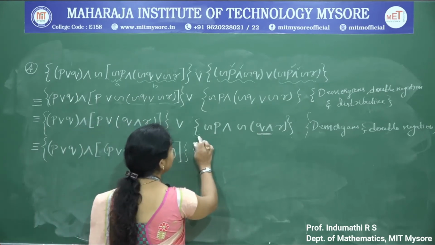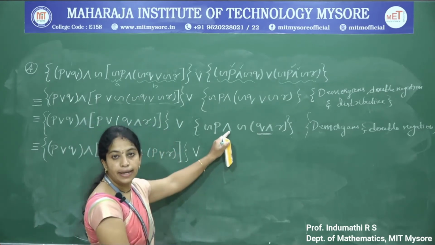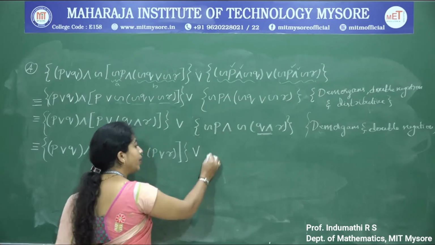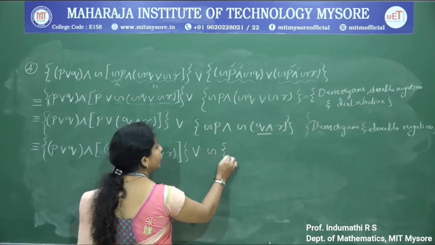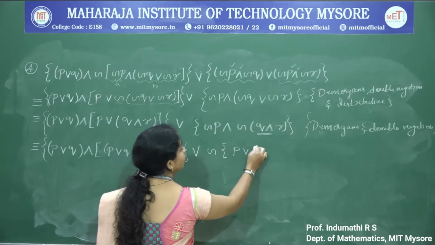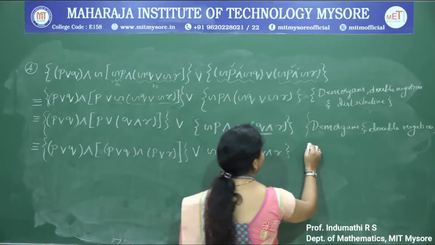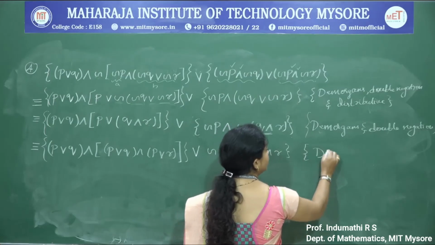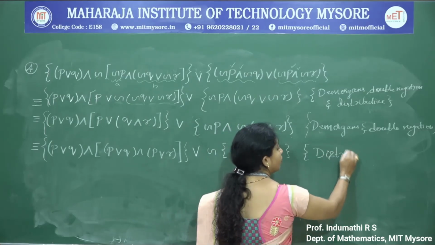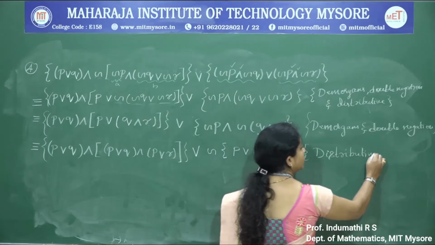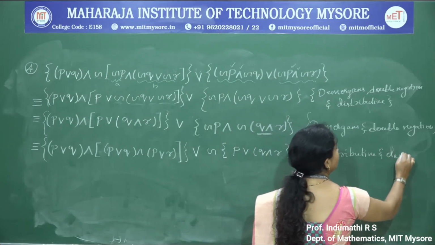Now in this compound proposition, again applying law of De Morgan's, take negation symbol outside. That can be written as P disjunction of Q conjunction R. In this step, we have applied distributive as well as law of De Morgan's.